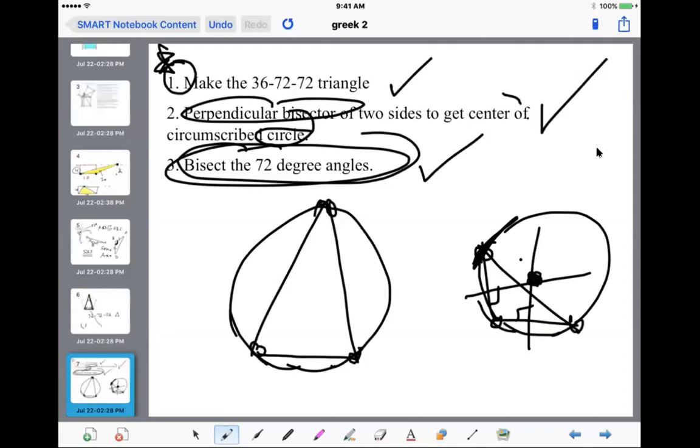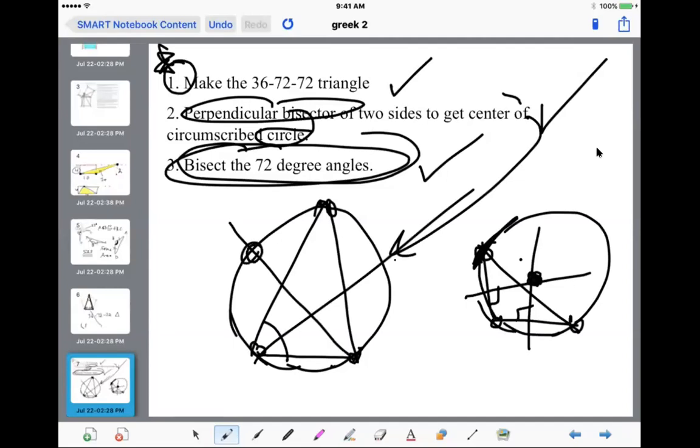Let's just say I know how to make a circle around. And then I know how to do angle bisector from yesterday. And where the angle bisectors hit the circle are the other 2 vertices of the pentagon. That's just the plan. I haven't, Nina, told you at all how to do step 1.